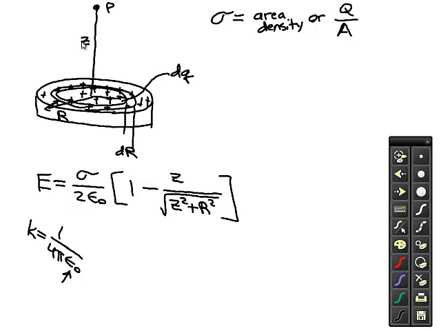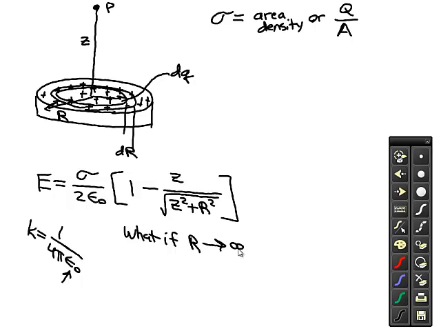What happens to our answer here if this disk is really, really big? What if we let R approach infinity? People used to believe in flat Earth. The Earth is a flat disk.